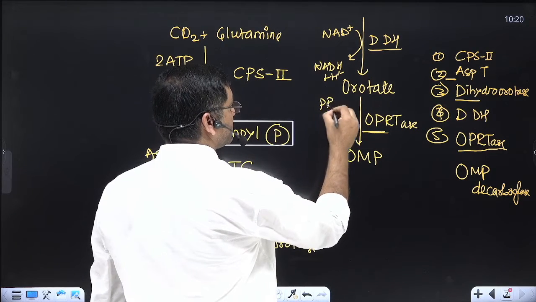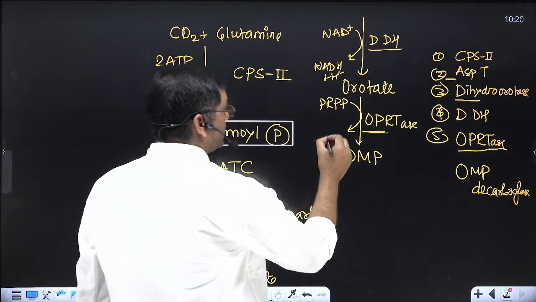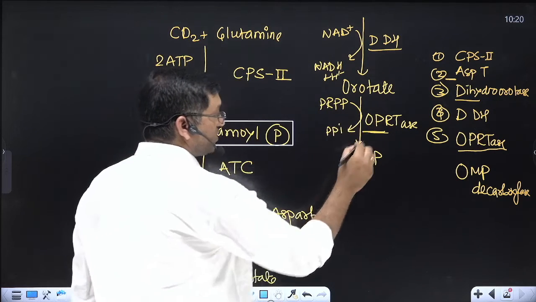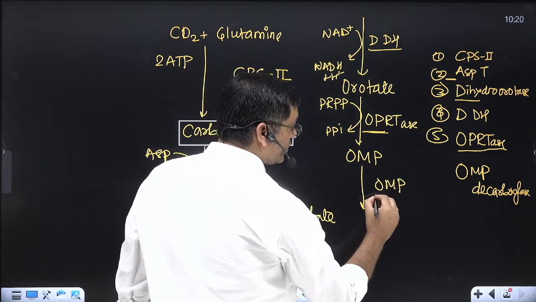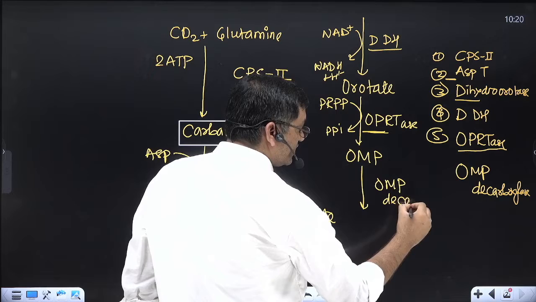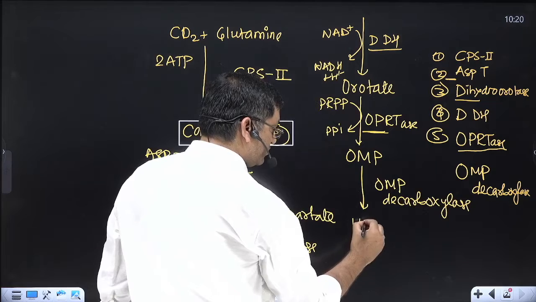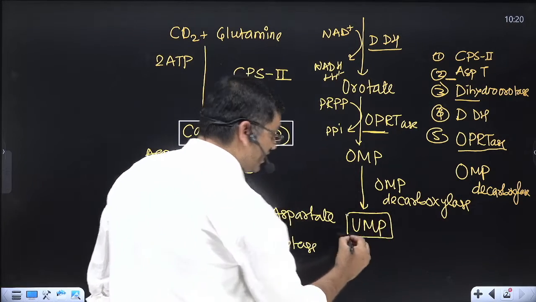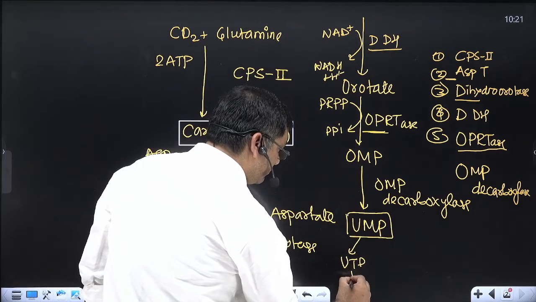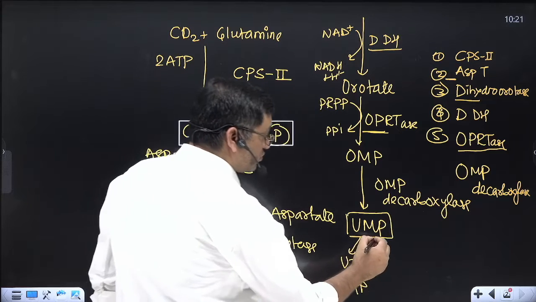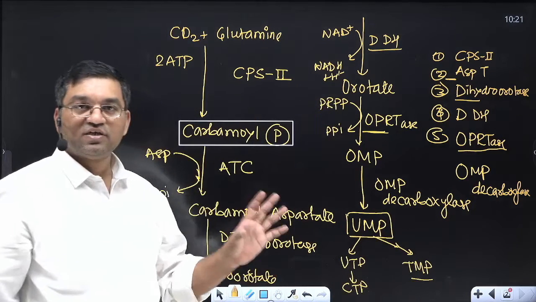PRPP, phosphoribosyl pyrophosphate, is required for this reaction, which provides the ribose. OMP, with the help of OMP decarboxylase, orotidine monophosphate decarboxylase, is converted into UMP, uridine monophosphate. Through various steps, UMP is converted into UTP, UTP into cytidine triphosphate, and it is converted into thymidine monophosphate. So this is pyrimidine nucleotide synthesis.